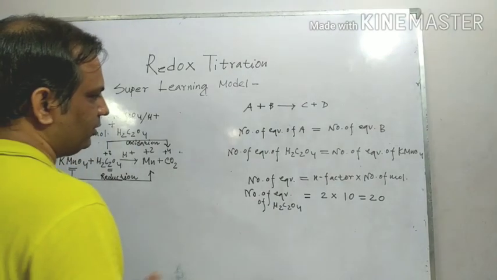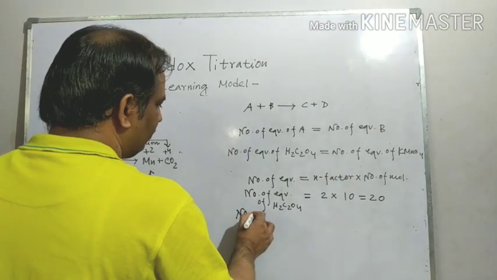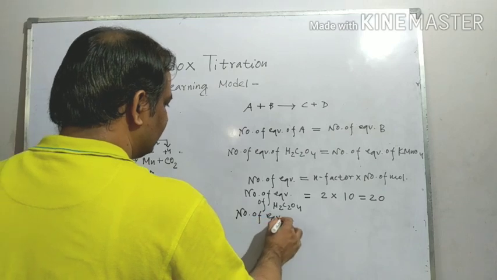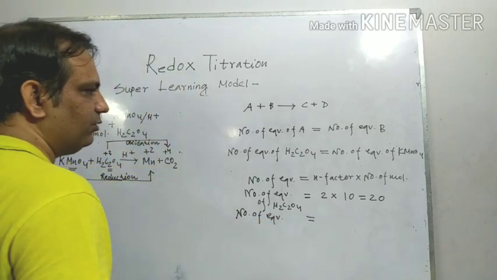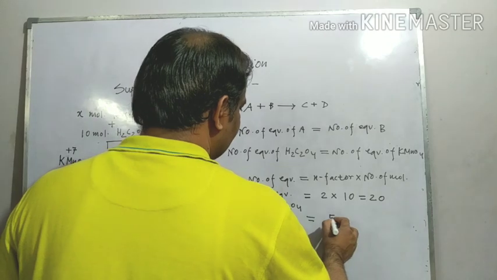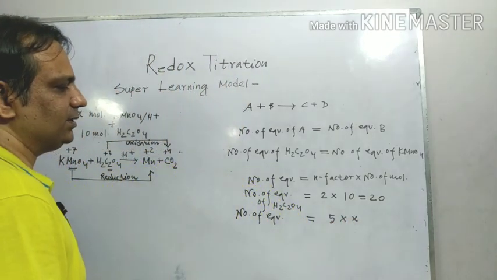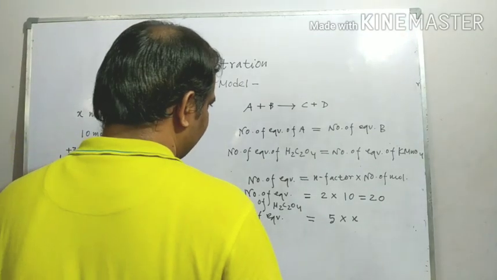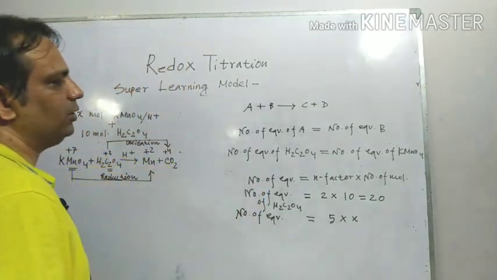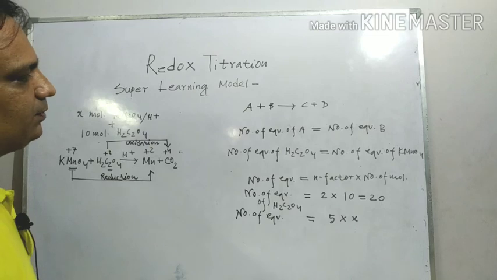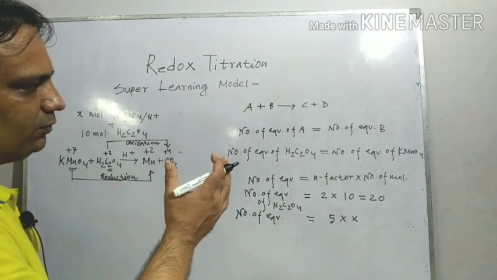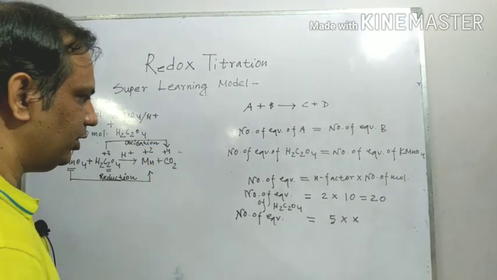Now in case of KMnO4, the N factor in acidic medium is 5, and the number of moles we have considered as x, so the number of equivalents is 5x. According to the law of equivalence, the number of equivalents of both reactants should be equal.